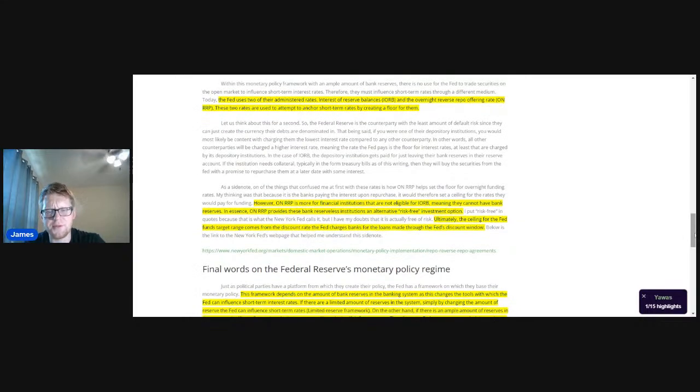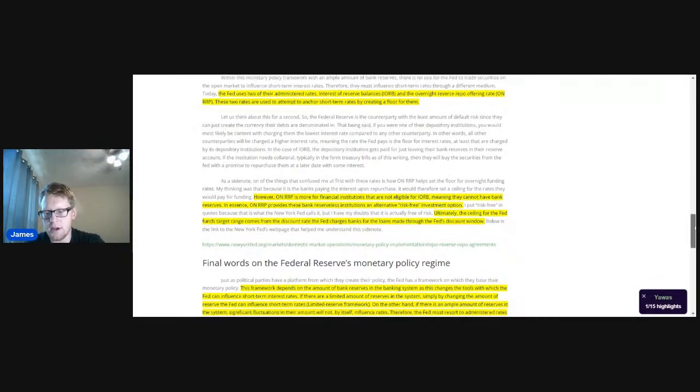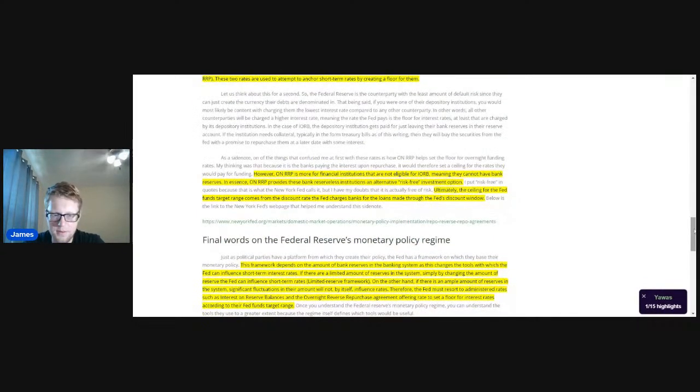So that's why it's a floor, because it's supposed to be the risk-free version, which is why it's on the bottom, right? So it's the floor of interest rates because it's considered risk-free. If you add risk, that increases the interest rate, at least in my understanding. And also the ceiling for the Fed funds was supposed to be like the discount rate.